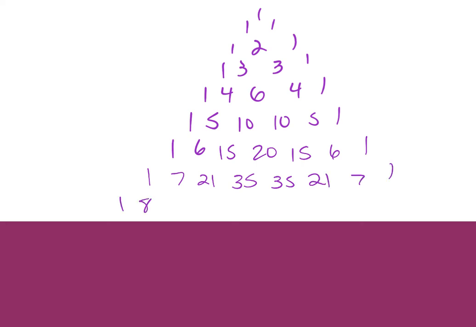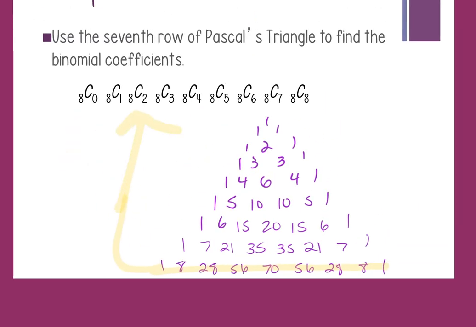And then this is the 8th row: 1, 8, 28, 56, 70, 56, 28, 8, 1. So that's your 8th row. I thought I put it on yesterday's, but I guess I didn't. But that's your Pascal's triangle. So you just go to n is 8.